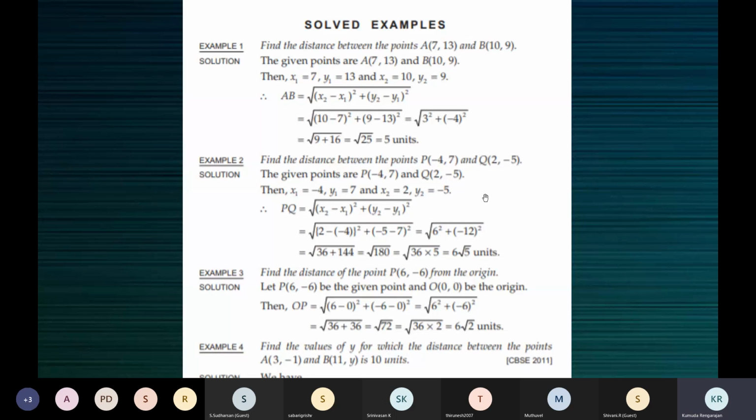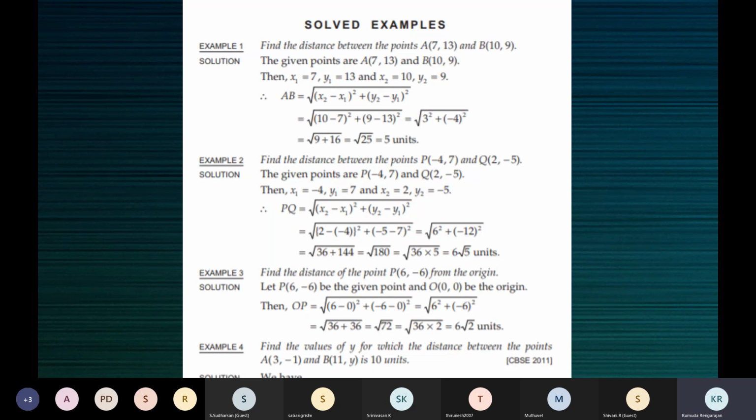So distance formula helps you to find the distance between 2 points located in the Cartesian plane. Or in other words, it gives you the length of the line segment joining the 2 points.